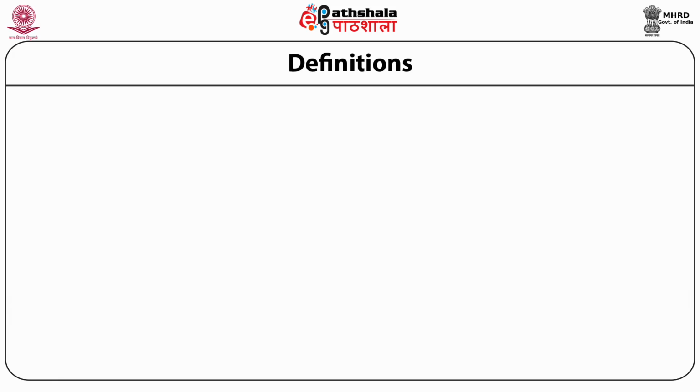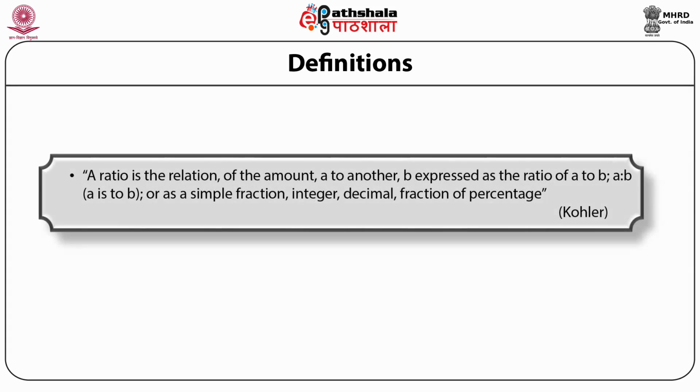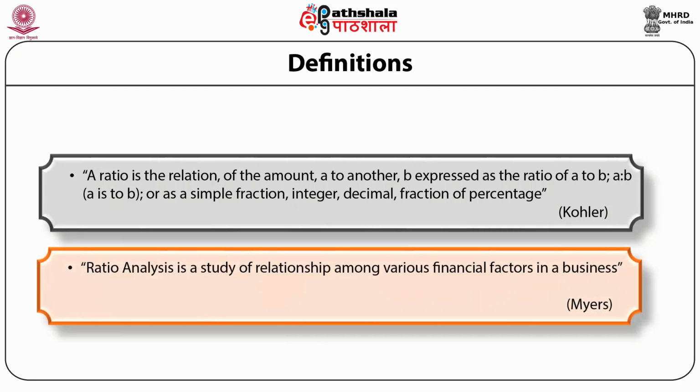In the next definition, according to Kohler, a ratio is the relation of the amount A to another B, expressed as the ratio of A to B, that is A is to B, or as a simple fraction, integer, decimal fraction or percentage. Ratio analysis is a study of relationships among various financial factors in a business.